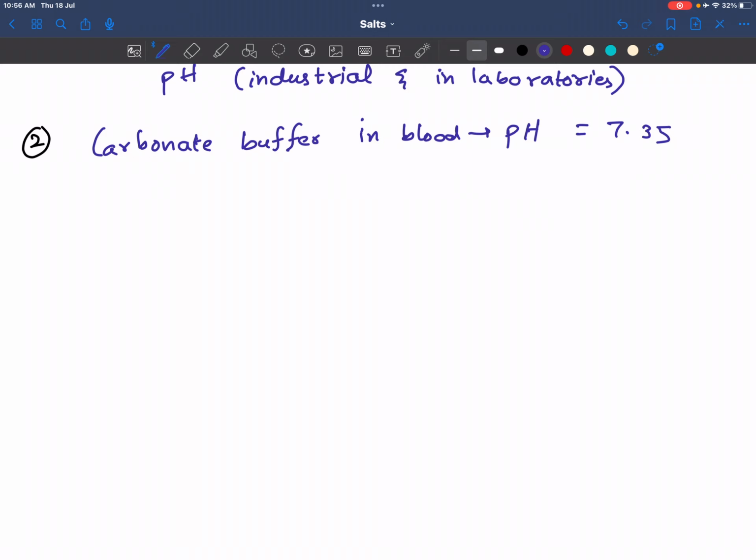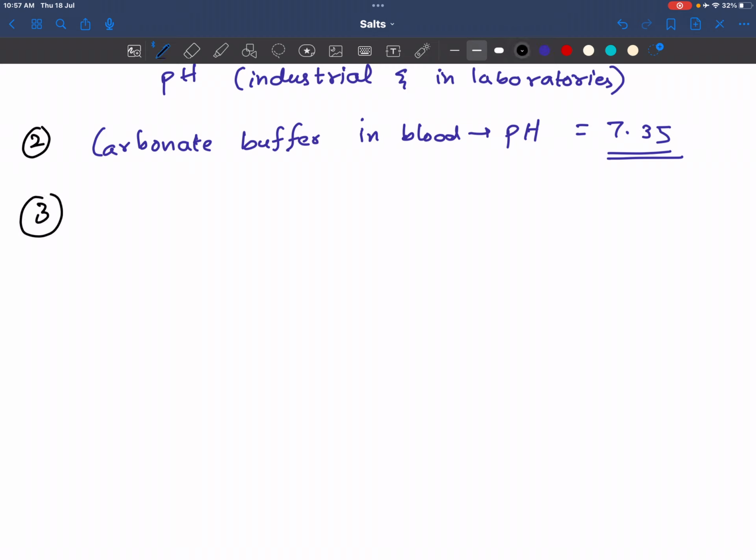By itself, it is generated in our blood. The ratio is maintained such that the pH does not change much from 7.35. Change of pH in blood will obviously result in death, because only certain conditions are satisfied and certain enzymes require this pH to function in the blood properly.